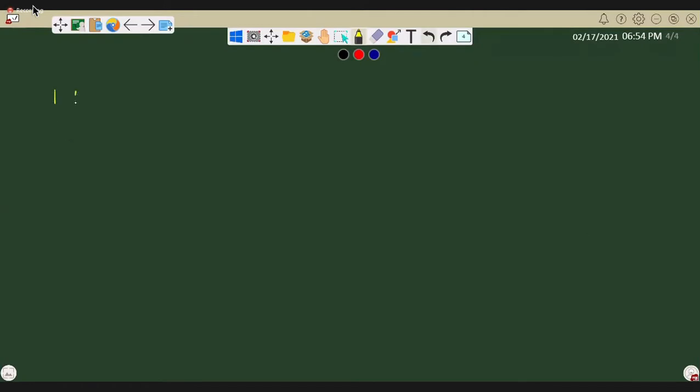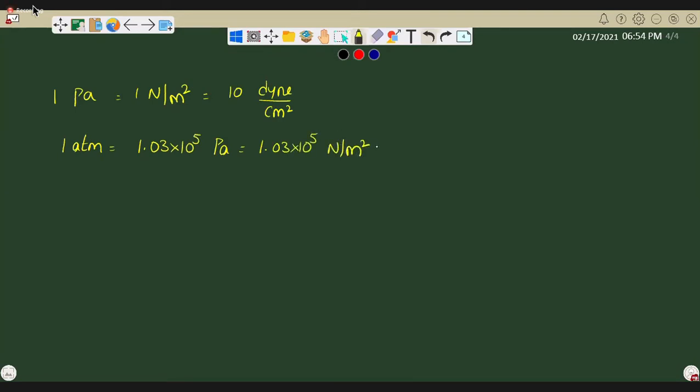So 1 Pascal is equal to 1 Newton per meter square, which is equal to 10 dyne per centimeter square. 1 atmosphere is equal to 1.013 into 10 power 5 pascals, or 1.013 into 10 power 5 Newton per meter square.